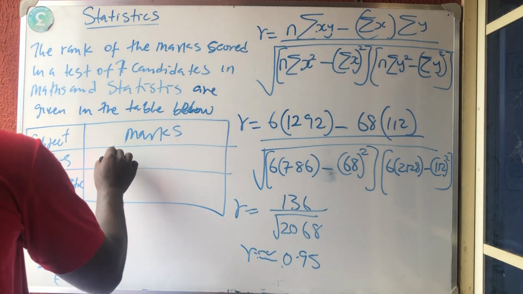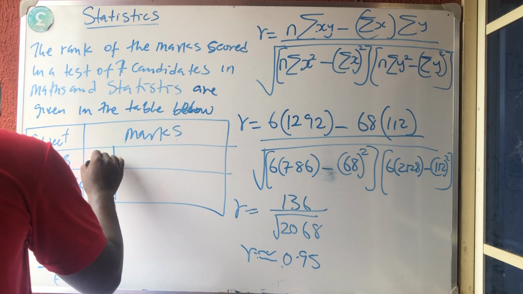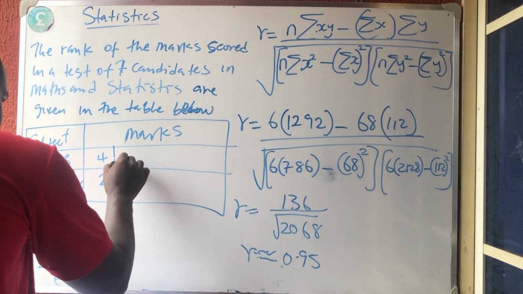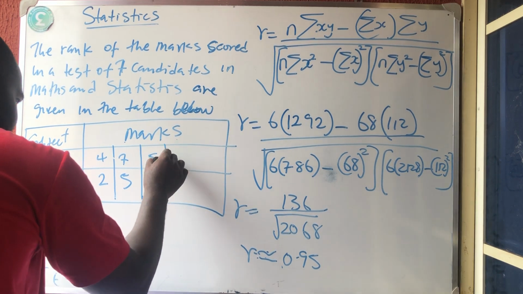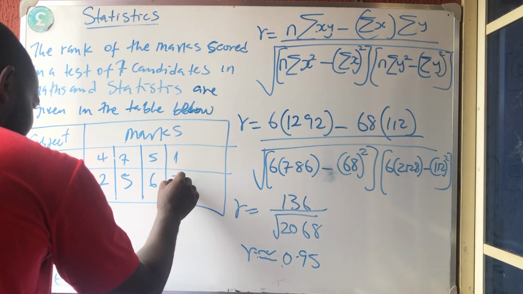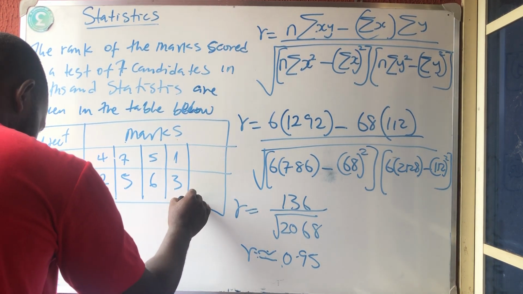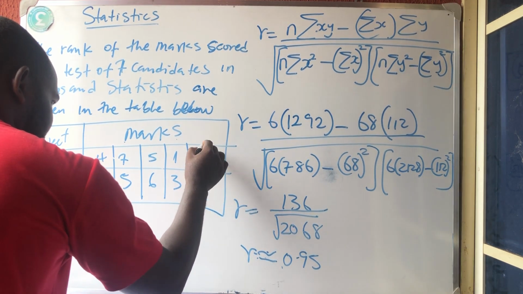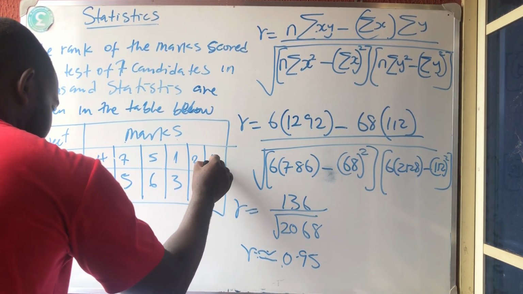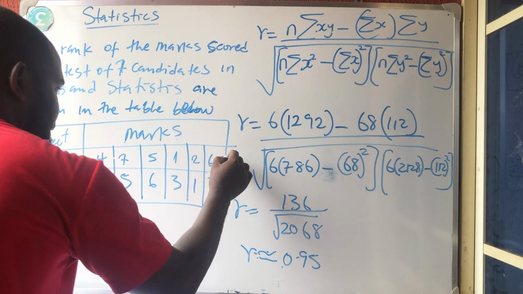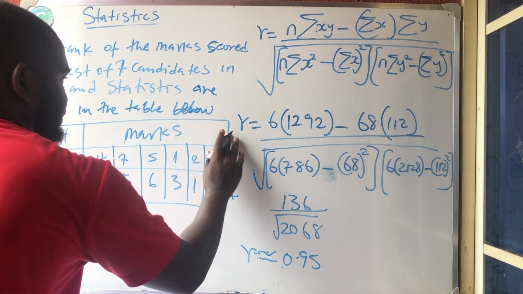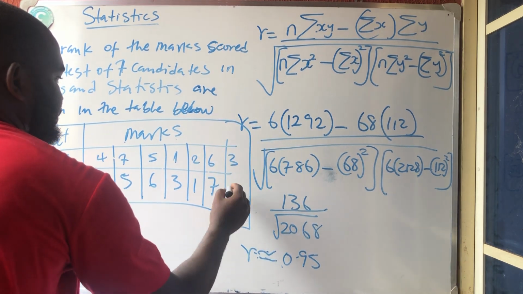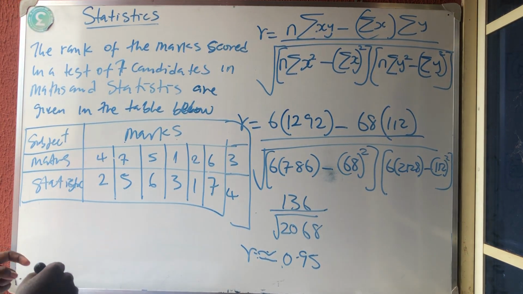The marks I'm having: 4 and 2, 7 and 5, 5 and 6, 1 and 3, 2 and 1, 6 and 7, then 3 and 4. So that's what they gave us.